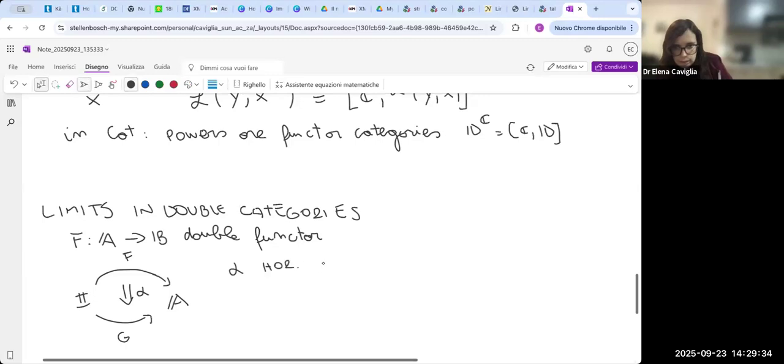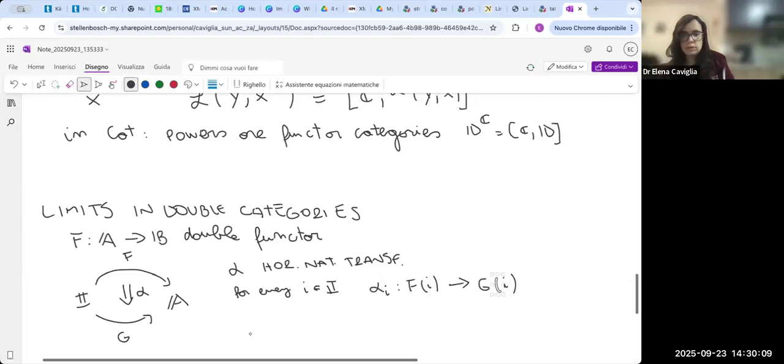Horizontal means it is in the direction of arrows. So it's given by, for every I in the domain category I, an arrow alpha I from F of I to G of I, so it's the same as the data we have for a natural transformation. So this is an arrow.